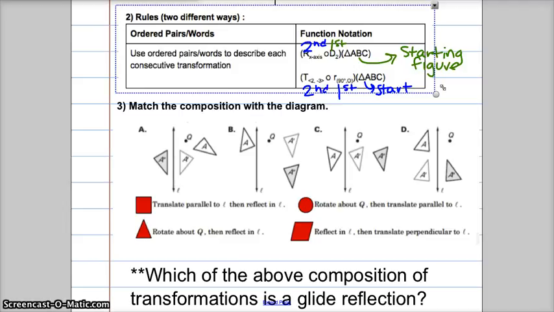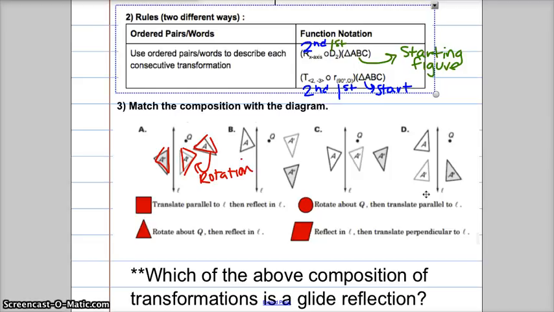Number 3 says match the composition with each diagram. So look at letter A. You have triangle A out here. We have triangle A prime, and then triangle A double prime. So what happened to get from A to A prime? It appears a rotation.